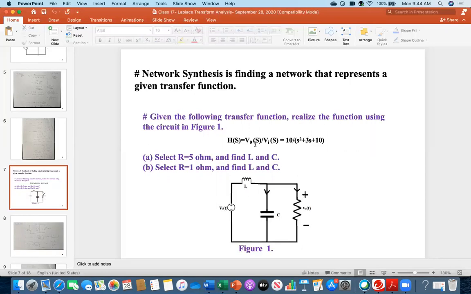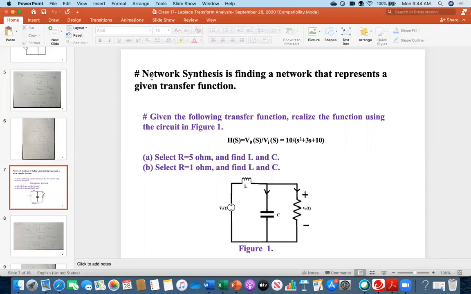So given the transfer function for this circuit, two questions. Select R equal to 5. For example, if this R is 5 ohm, then what should be the value of L and C? And then the other question, if this R is 1 ohm, then what should be the value of L and C? Because from the transfer function, you will be finding the circuit parameters.